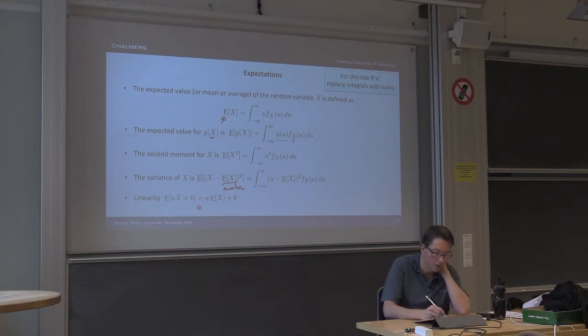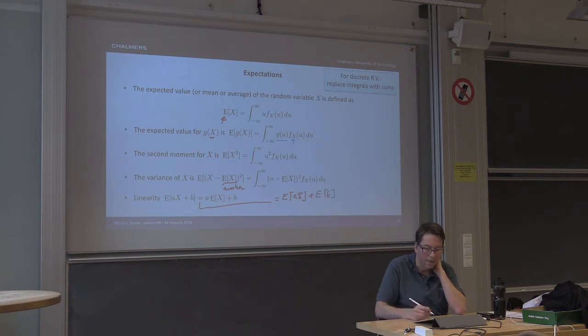Essentially, if we want to do this in 2 steps, the first thing to do is that through the linearity, we can write this as the expected value of a times x plus the expected value of b. The expected value of a constant, a non-random quantity, is the quantity itself. So this is always b, regardless of what the value of b is, because b is not random here.